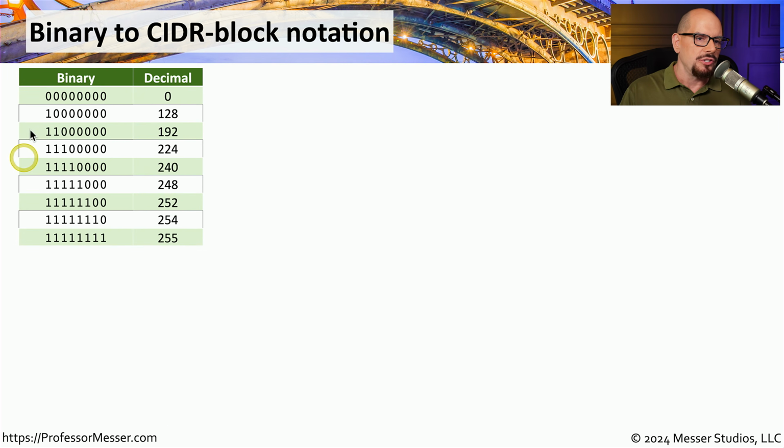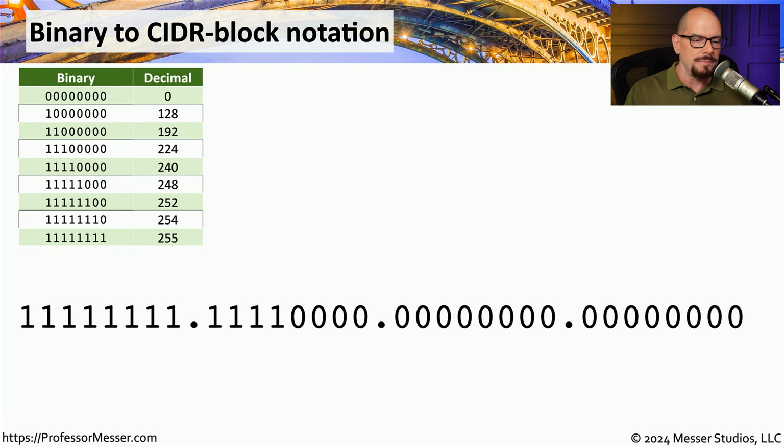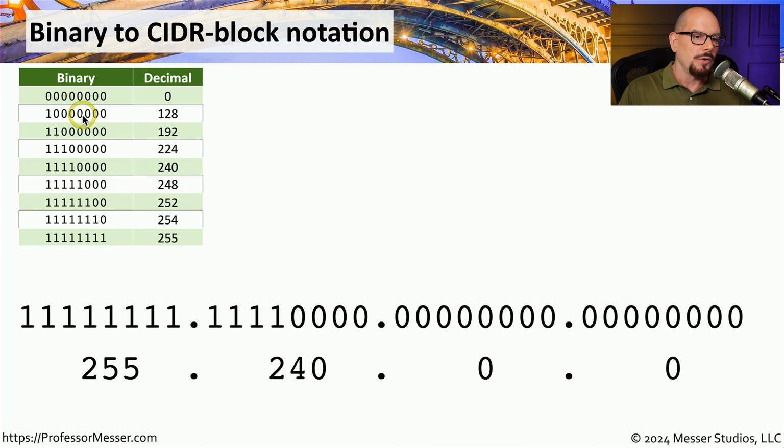We can now use that chart to calculate the CIDR-block notation and what the decimal representation of that subnet mask would be. So let's look at a subnet mask of all ones in the first octet. There are 4 ones in the second octet, and the rest of this would be all zeros. If you refer to our chart, you can see that all ones is 255, 4 ones and 4 zeros would be 240, and then of course all zeros would be 0.